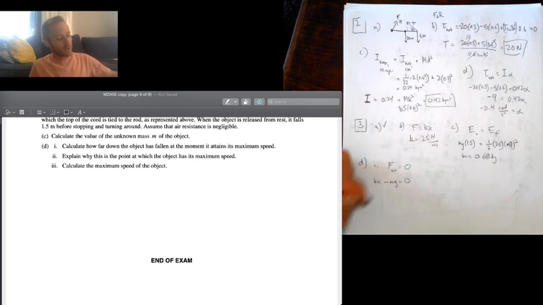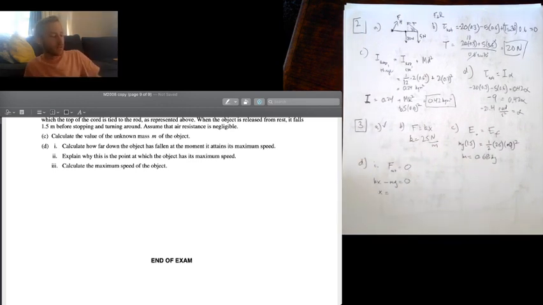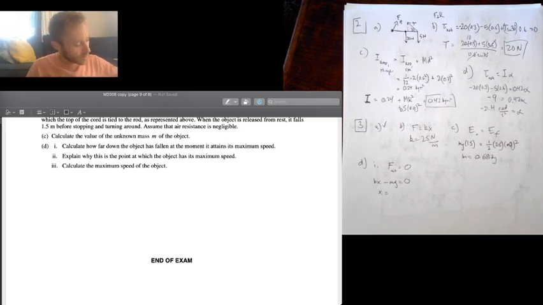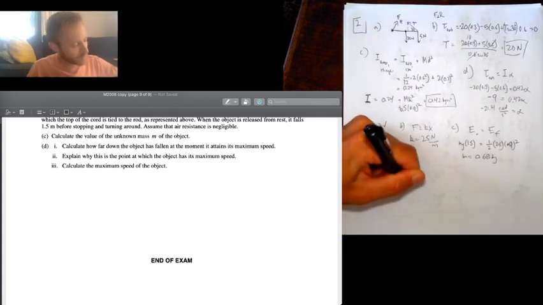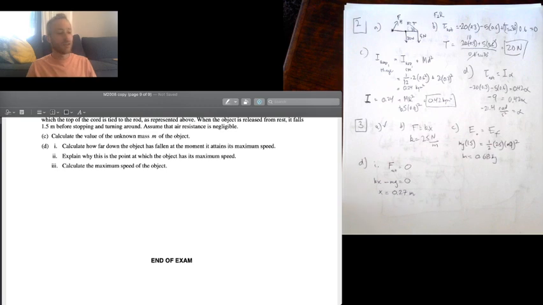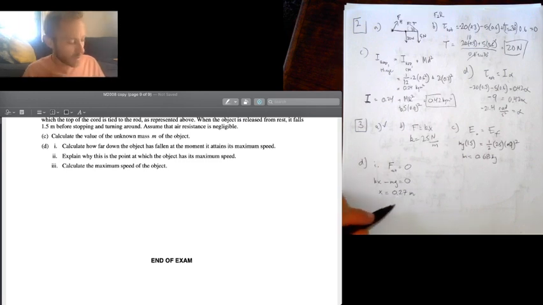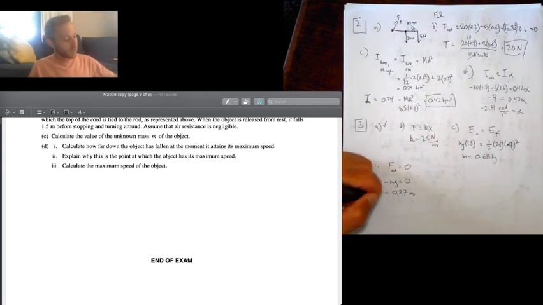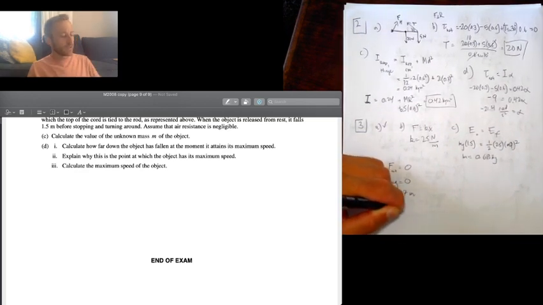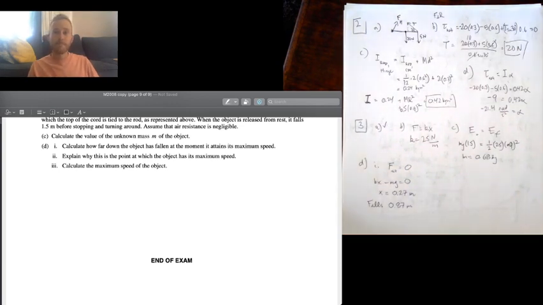So the x value at equilibrium is mg, which would be 6.8, over k, which is 25. That's 0.27 meters, the extension of the band when the mass is in equilibrium. We have to add the actual length of the band to that, so it falls 0.87 meters when it reaches its maximum speed.